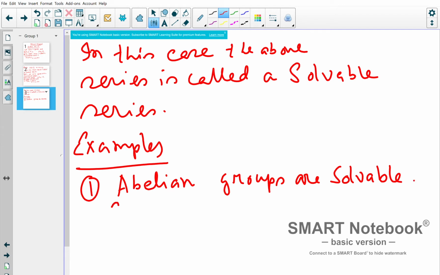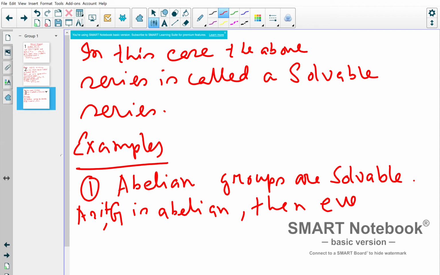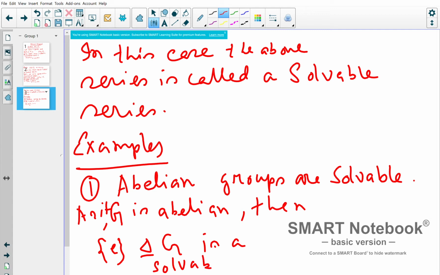Because if G is abelian, you don't need the full thing, you can define a solvable series directly: the identity, and then G. This is a solvable series, since G itself is abelian, so the quotient group is G, which is abelian. So abelian groups are always solvable.